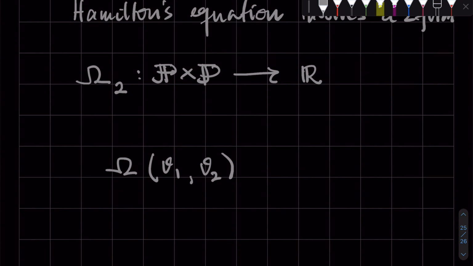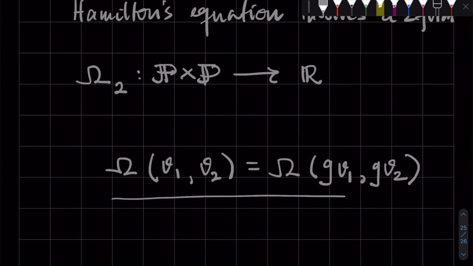But Hamilton's equations have a symmetry. And the symmetry is that there are these transformations called canonical transformations, which, if we represent them by matrices, say a matrix G acting on V1 and the same matrix G acting on V2, leave this two form invariant.